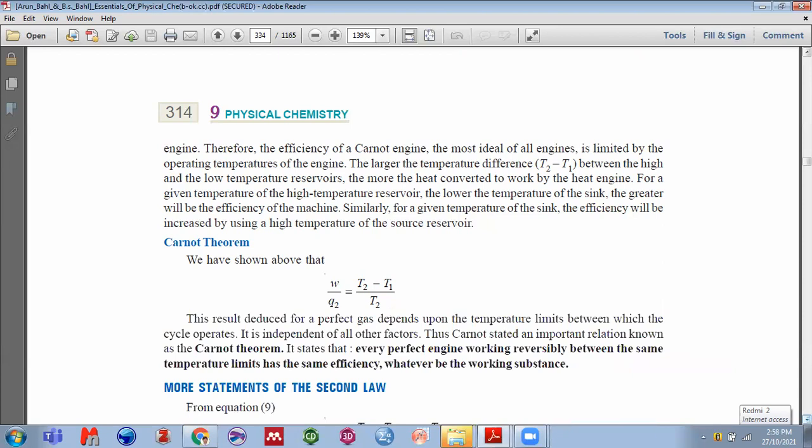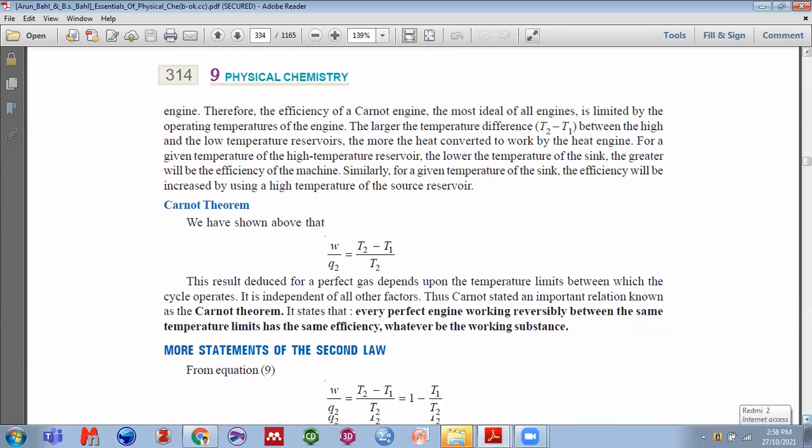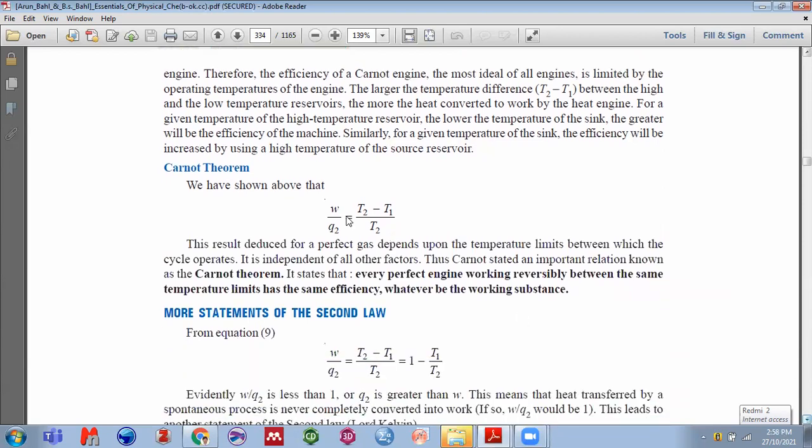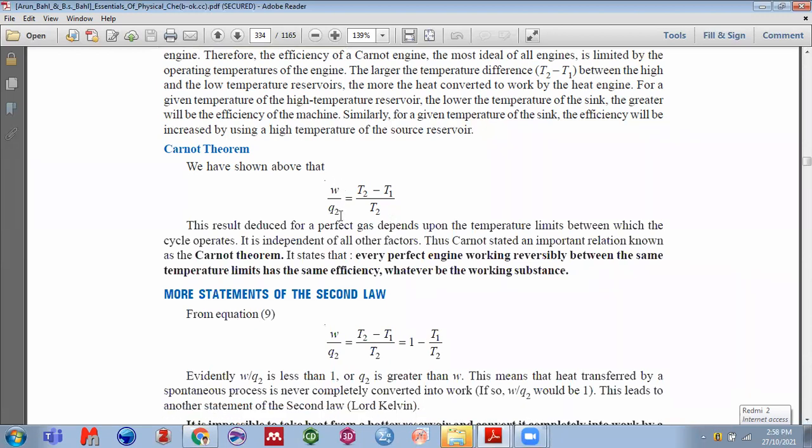Now Carnot theorem. We have the efficiency of engine W by Q2 equal to T2 minus T1 by T2. This result reduced for a perfect gas depends upon the temperature limit between which the cycle operates or engine operates.